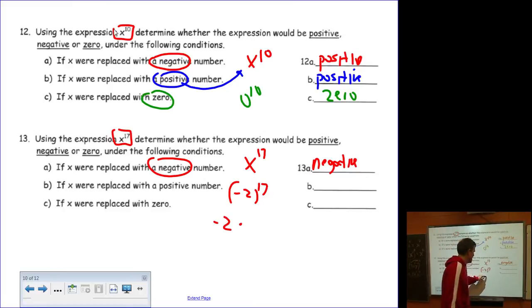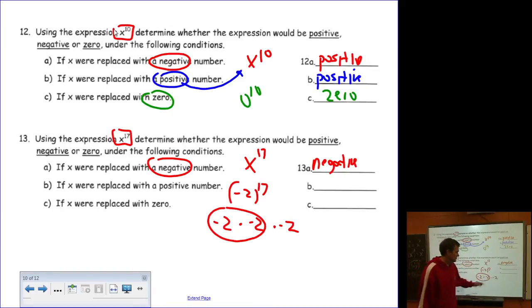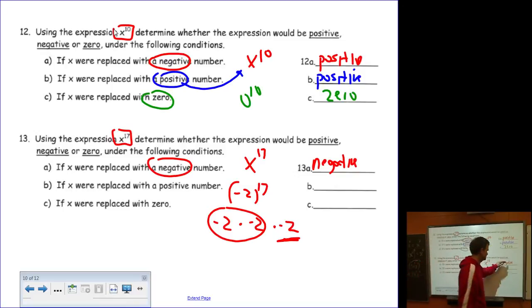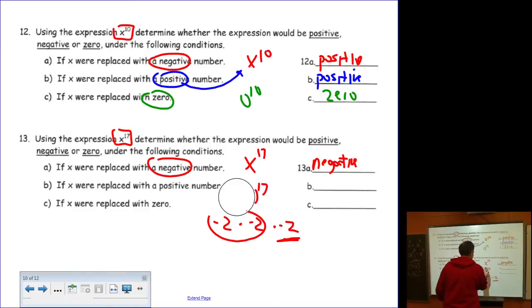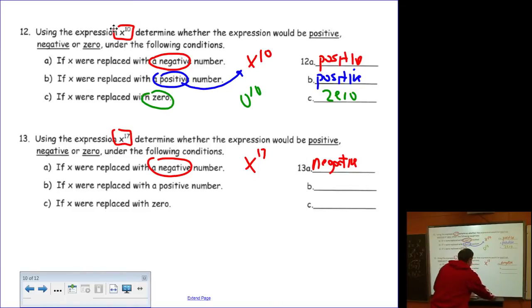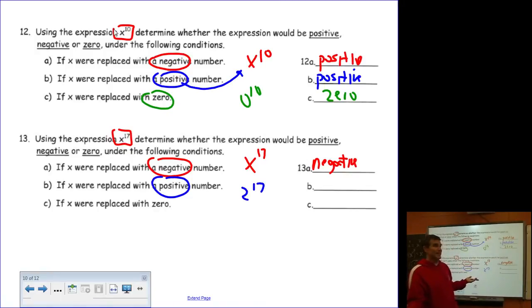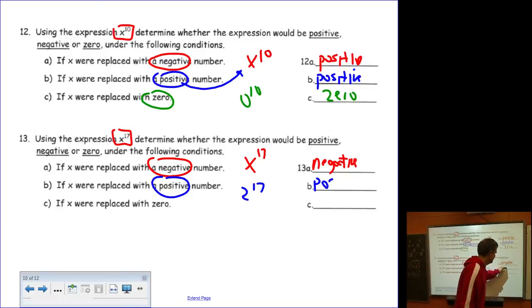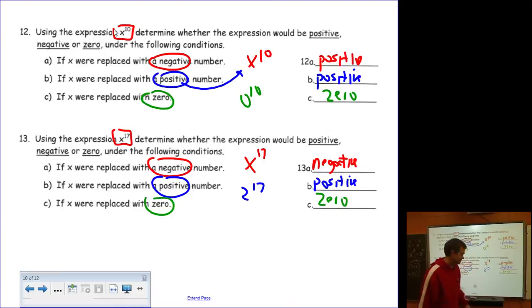If you have an odd number of negatives, like 3, every 2 negatives makes a positive, so if you have an odd one left out, it turns the whole thing negative. However, if you put a positive number in for x, positive numbers stay positive all the time, so that would be positive. And of course, if you put 0 in for x, the whole thing is 0.